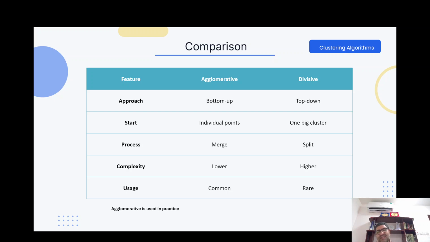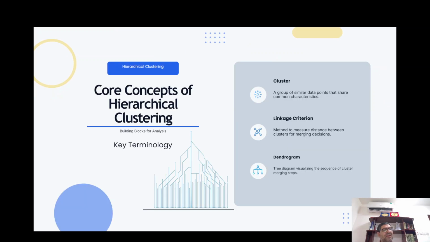The process is merge versus split. Complexity is lower for agglomerative, while divisive has higher complexity. Usage is very common for agglomerative, while divisive is rarely used, as I was telling you already. There can be some rare implementations.